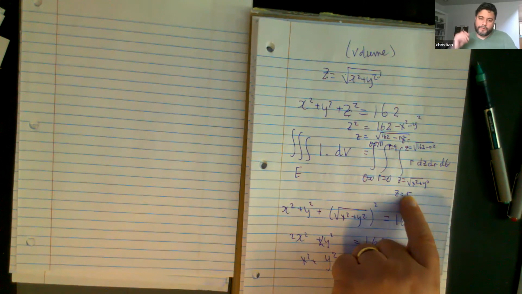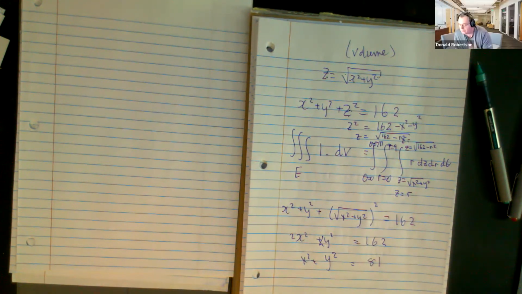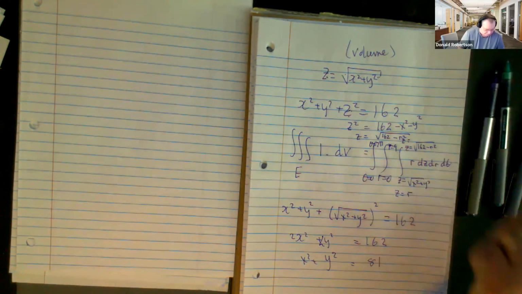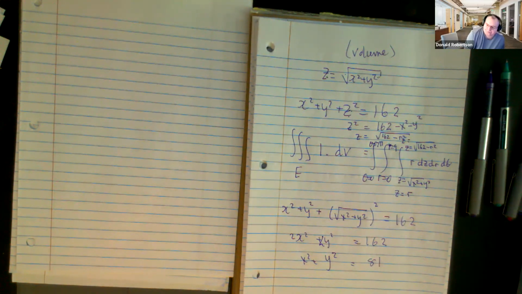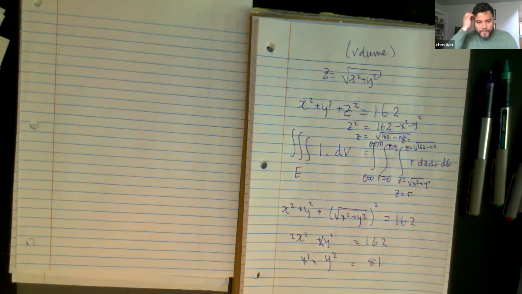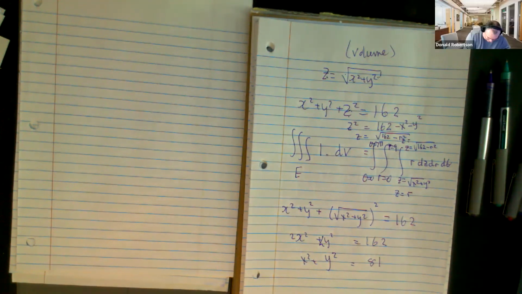One is a u sub and the other is just a power rule. And then, actually, you've got numbers, so it's not so bad after that: r from 0 to 9 and then theta from 0 to 2 pi.